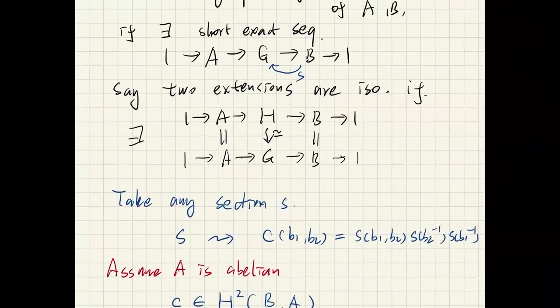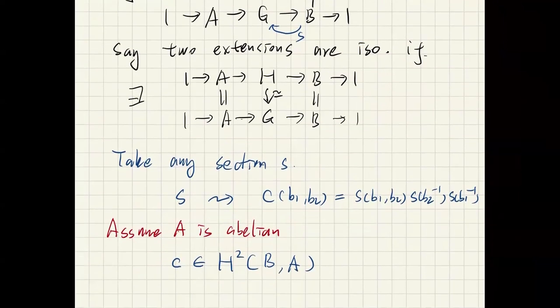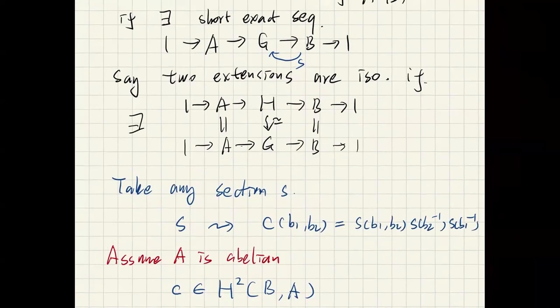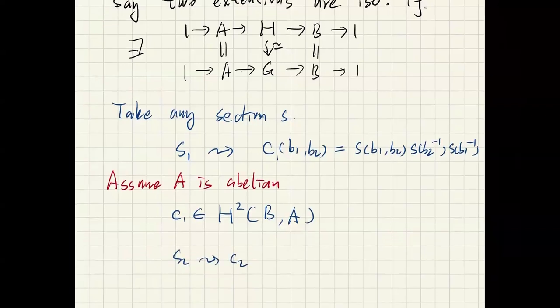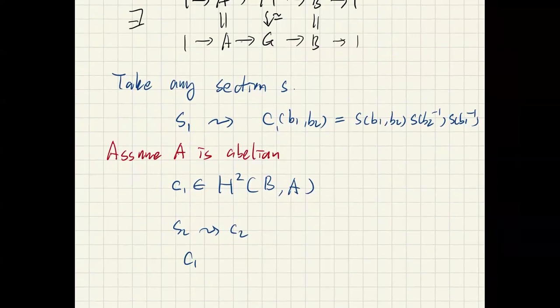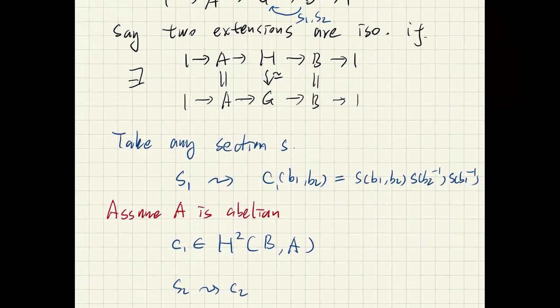Certainly, you may have two different sections. So the difference between the two different cocycles is a coboundary. So if you have two sections, S1 and S2, then S1 will give you C1 and S2 will give you C2, and C1 and C2 actually differ by an element.